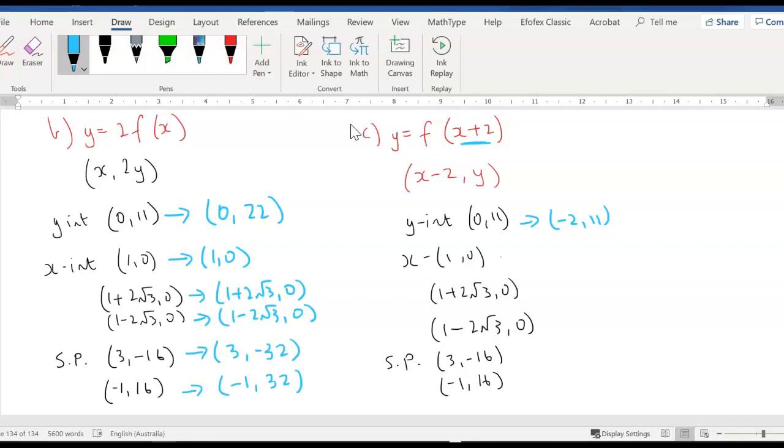All right, let's move on to the x-intercepts. So we're going to subtract 2 from each x coordinate. So 1 minus 2 is -1.